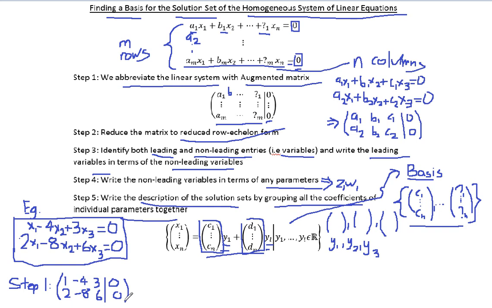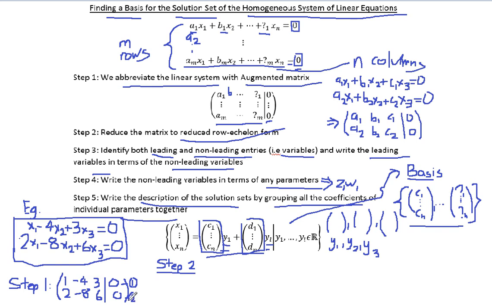So now step 2, reduce it to row echelon form. You are in now step 2 phase. Well, this is row 1, row 2.